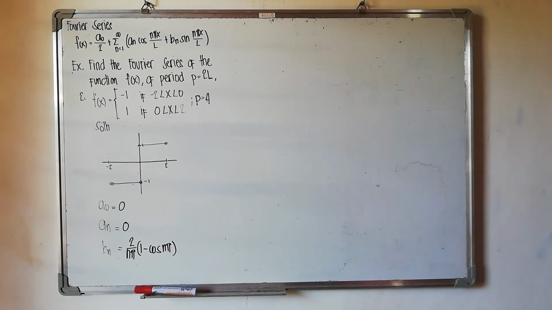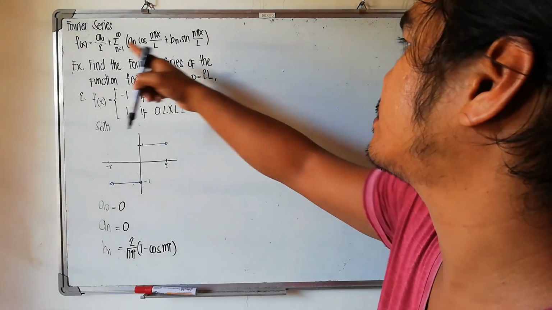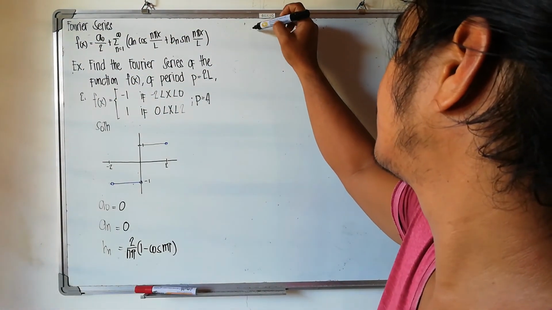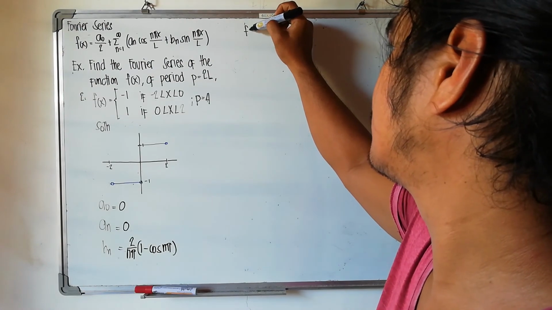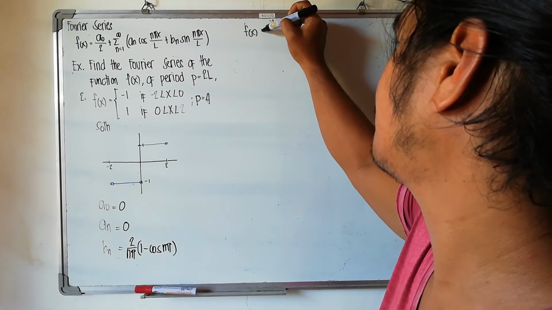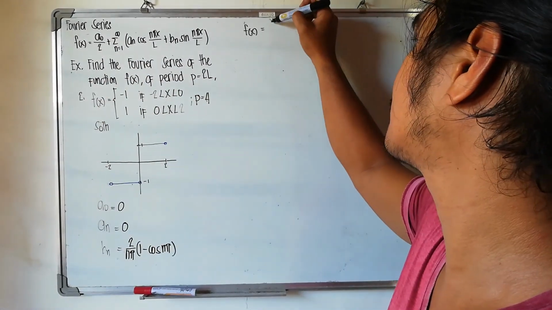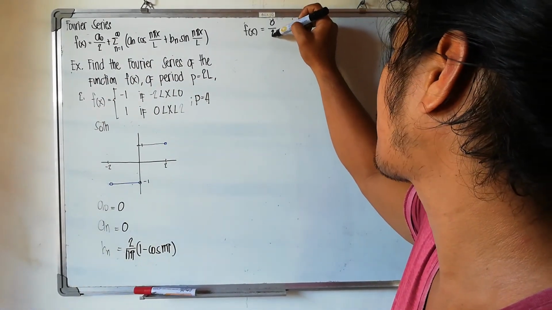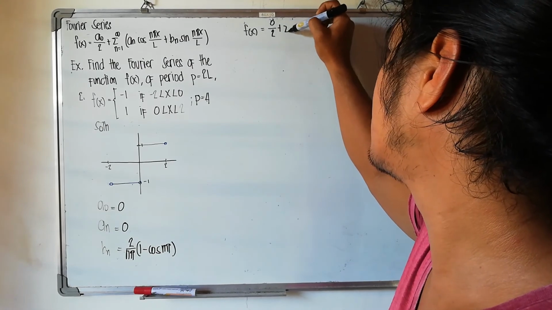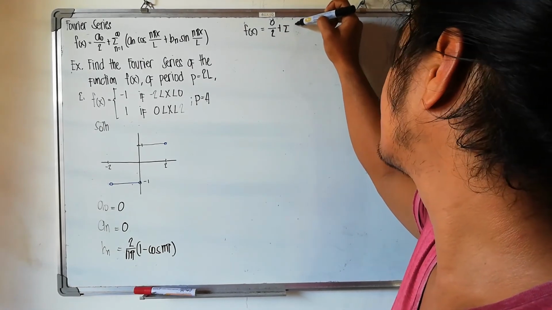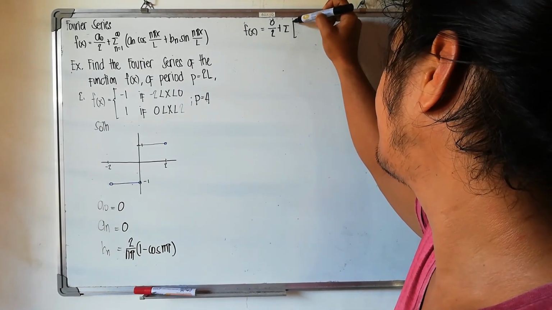Now for a Fourier series, you have your f of x is equal to a sub o over 2, where a sub o is equal to 0, so this will be 0 divided by 2, plus the summation of your a sub n.